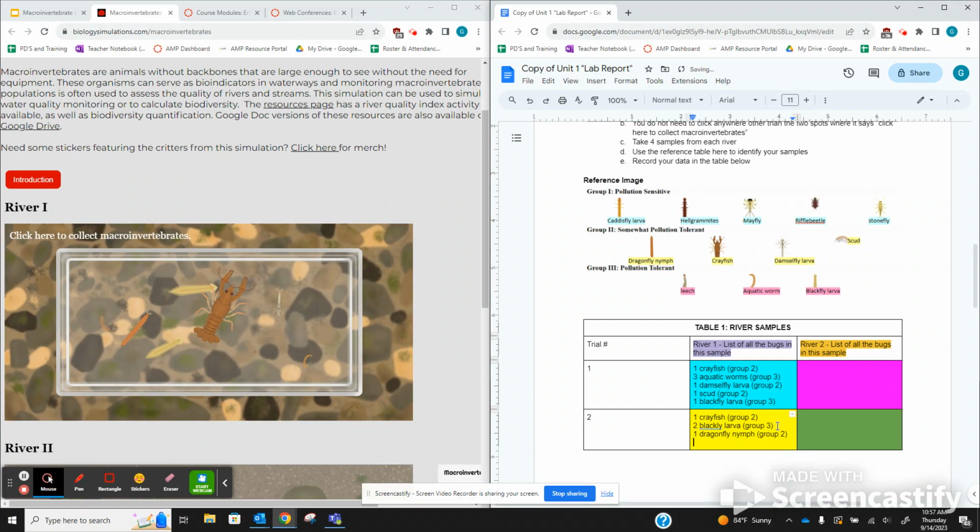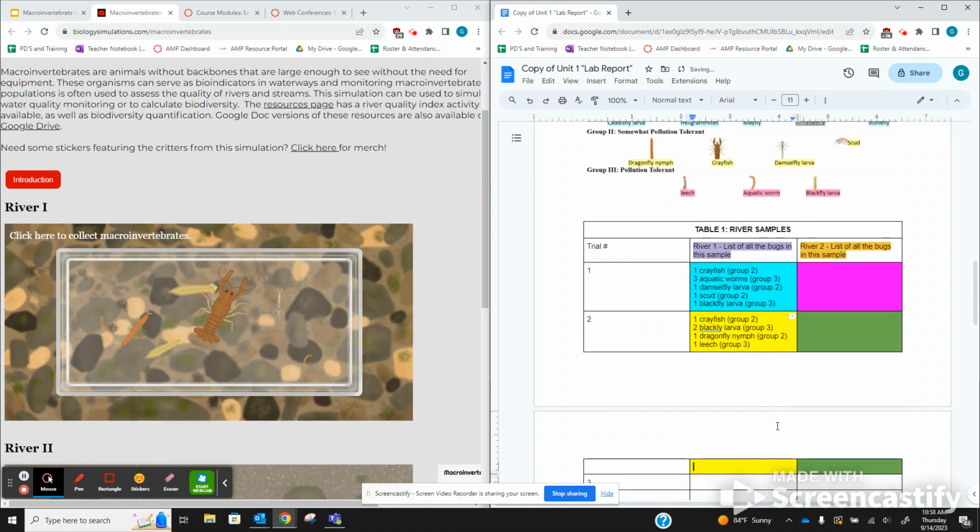Who else do I got? I got 1 leech, gross, and I've got a scud and an aquatic worm. A lot of biodiversity in this one.